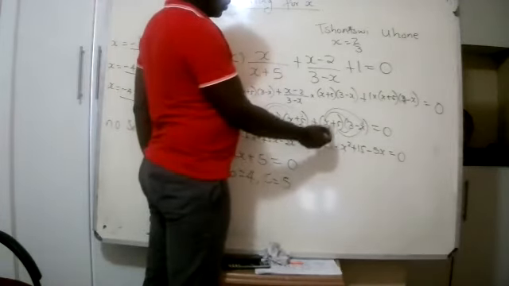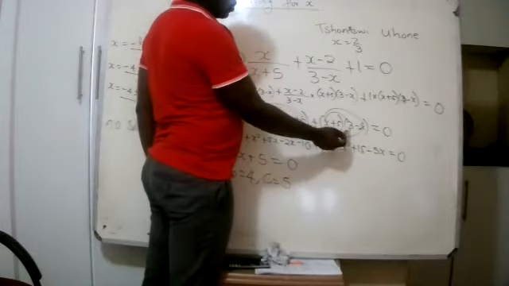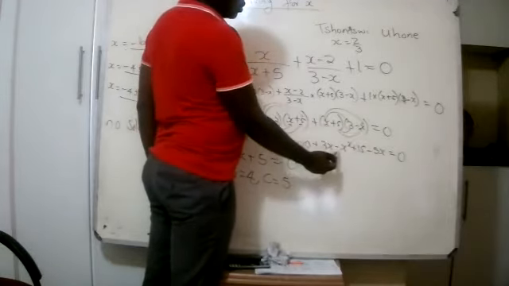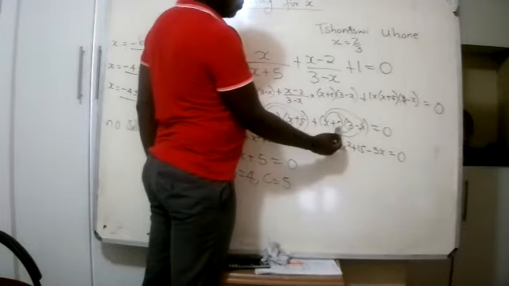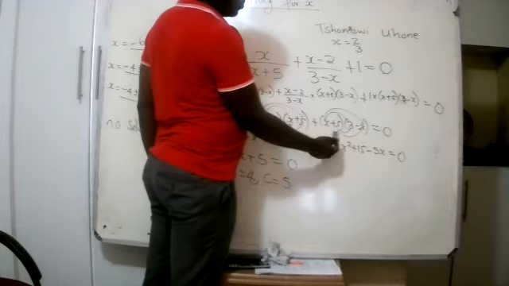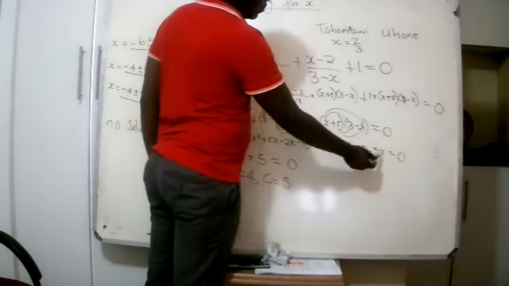So let's multiply again. x times 3 is 3x. x times x is negative x squared. 5 times 3 is 15. 5 times negative x is negative 5x.